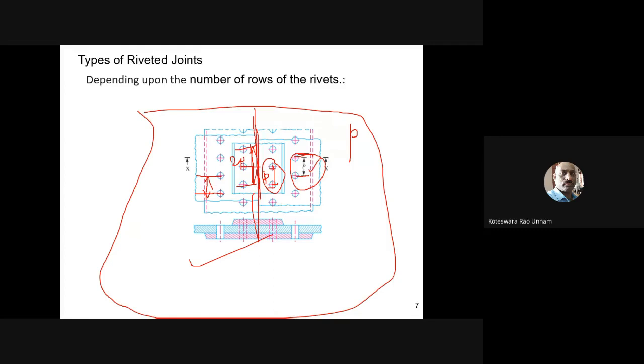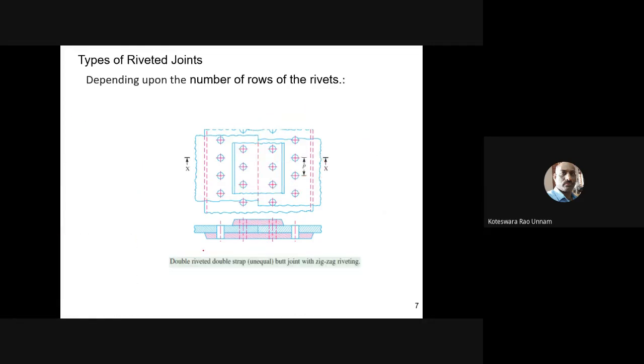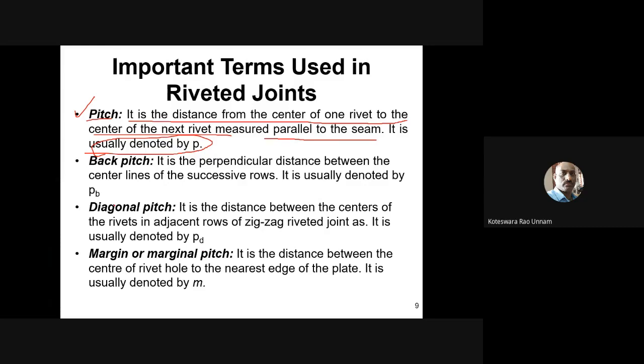You have to take two successive rivets only, not skipping one rivet and taking the next. So you need to measure the distance between two successive rivets in a single row along the seam. We call it the pitch of the riveted joint.